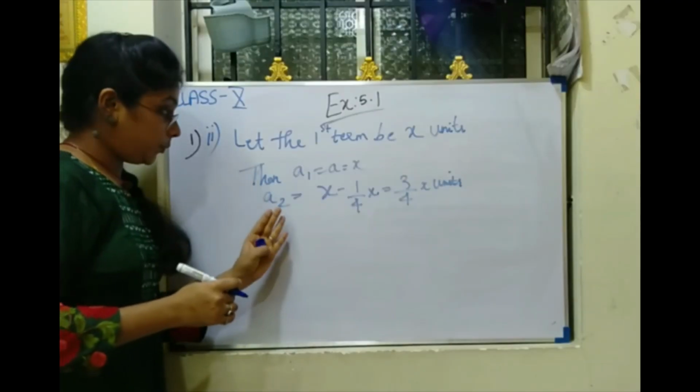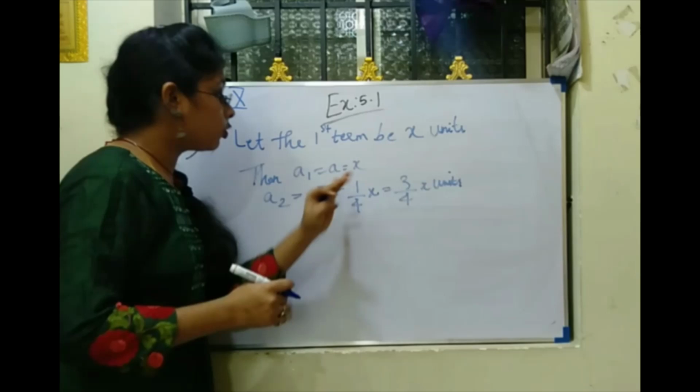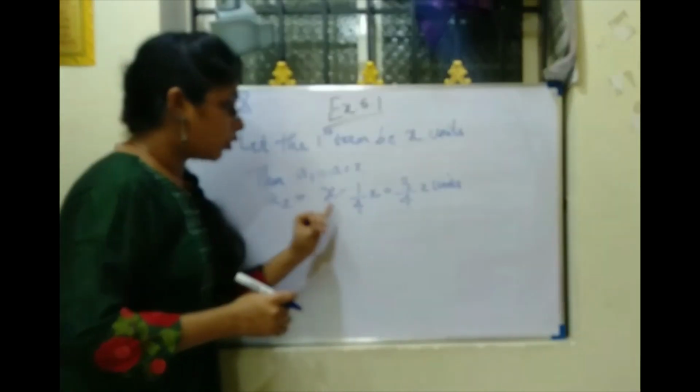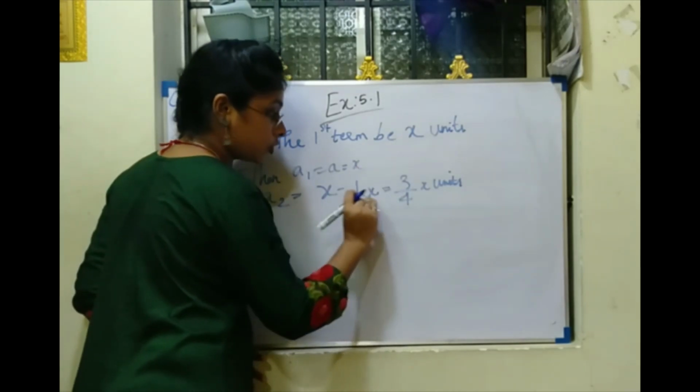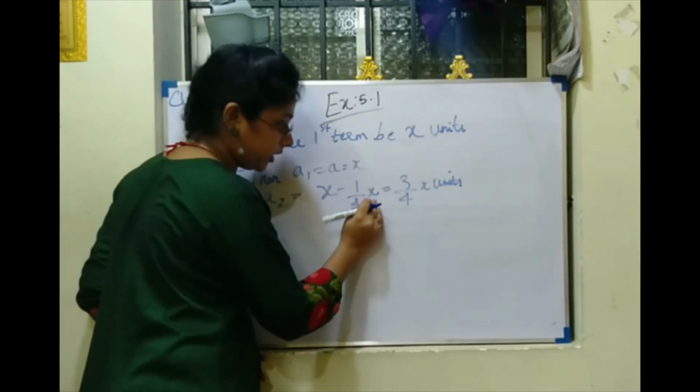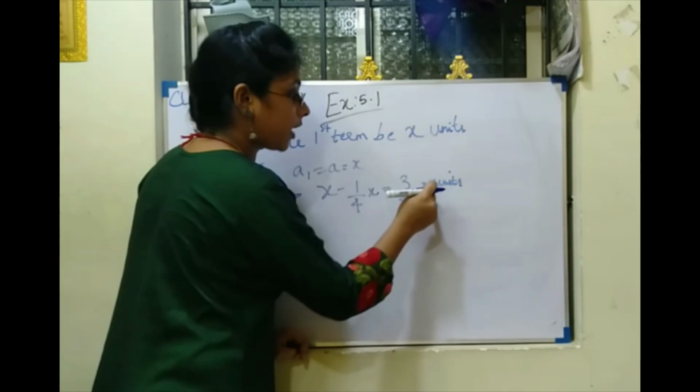The second term will be, they have removed 1/4 of the original first term. So we have to do x minus 1/4 of x, the total amount of air which is left in the cylinder. So this will be 3/4 x units.